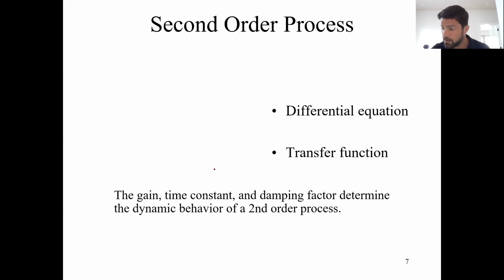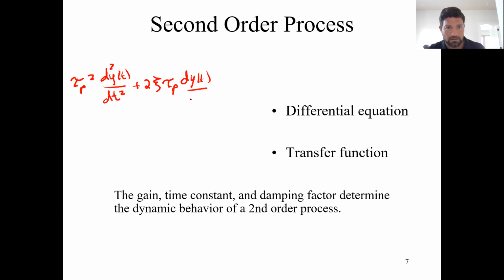I'm going to write tau p squared times the second derivative of y, plus 2 times zeta times tau p times dy dt, plus y of t, the function, equals kp times u of t.